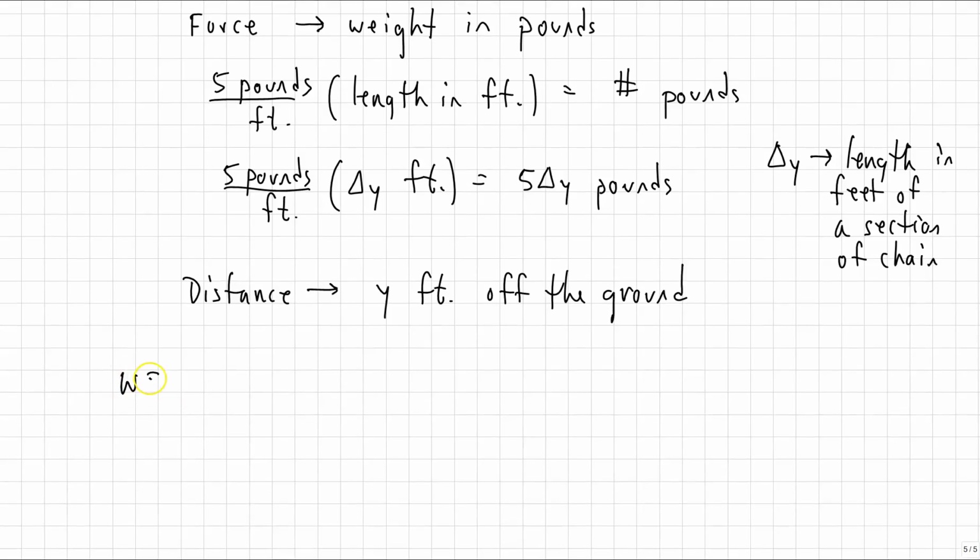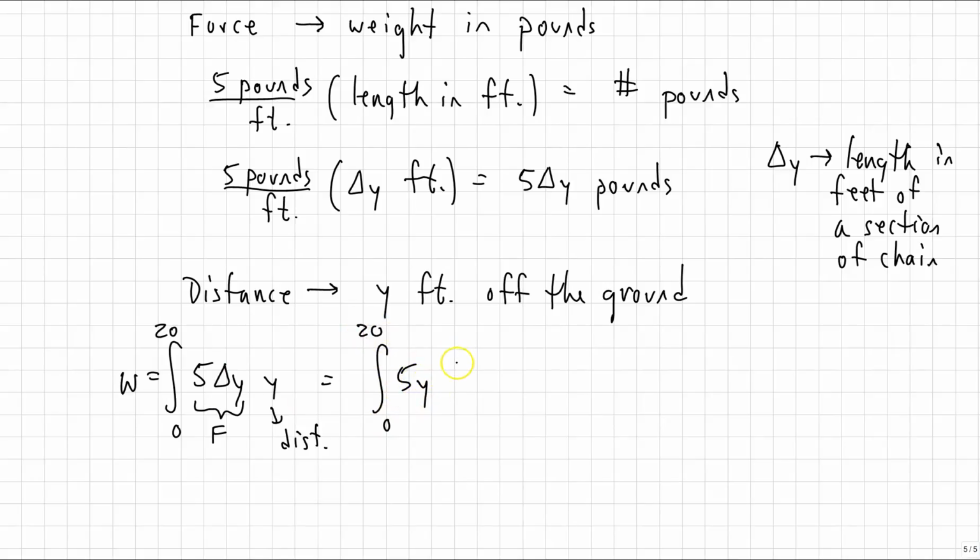So our work, going from the ground all the way up to 20 feet: our force is 5 delta y, our distance is y, so there's our force and that's our distance. We're basically just doing 0 to 20 of 5y dy.